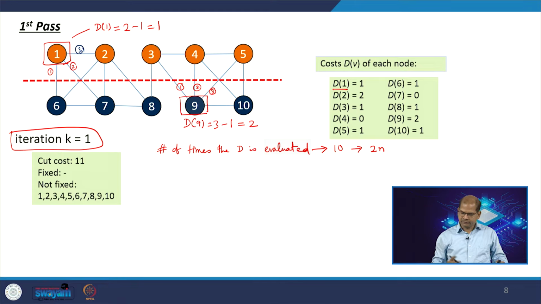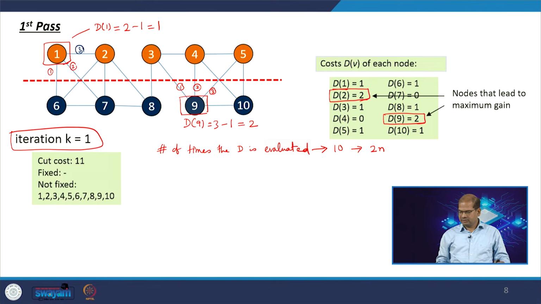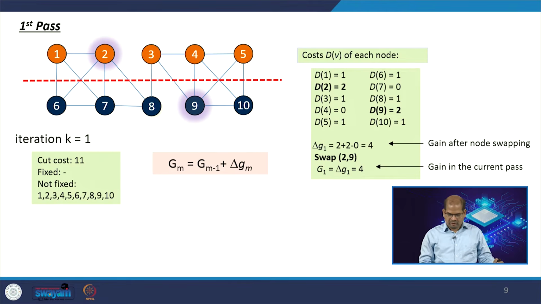Now I need to choose which pair gives me the maximum gain, delta G. Ideally you have to do it for all the combinations, but looking at this evaluation, I can see that D of 2 and D of 9 have the highest cost. So let us take those nodes for gain calculation for moving from one partition to the other. D of 2 is 2 and D of 9 is 2.